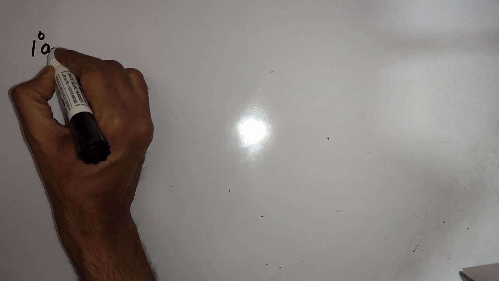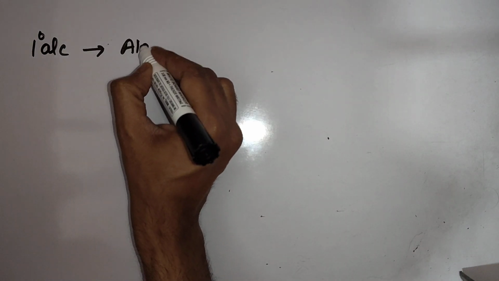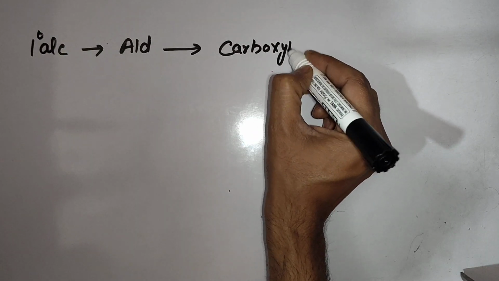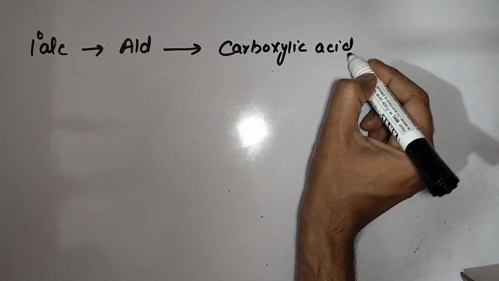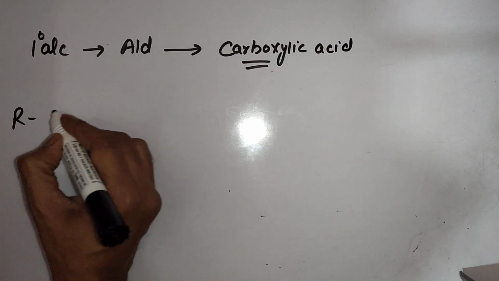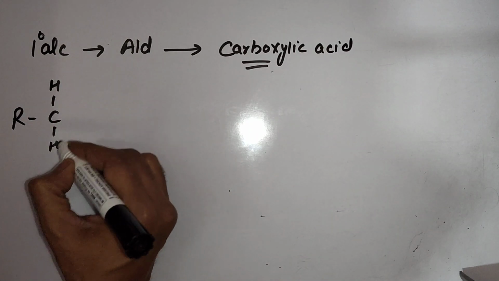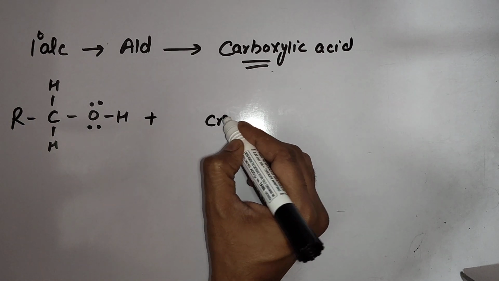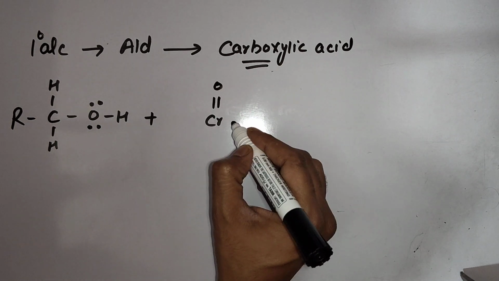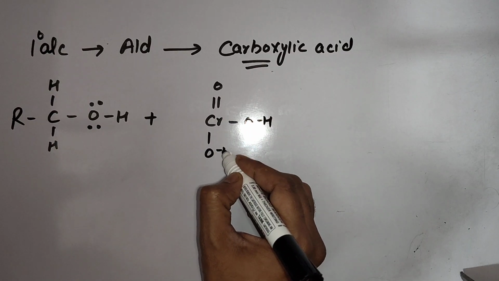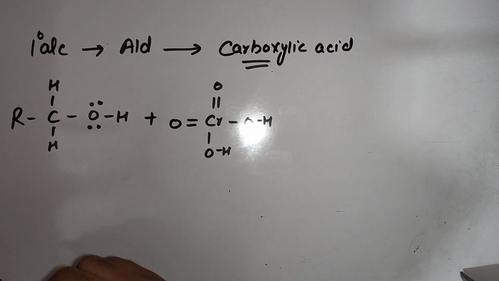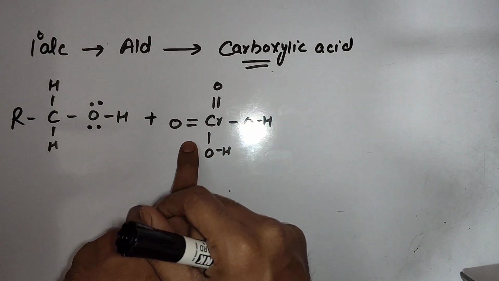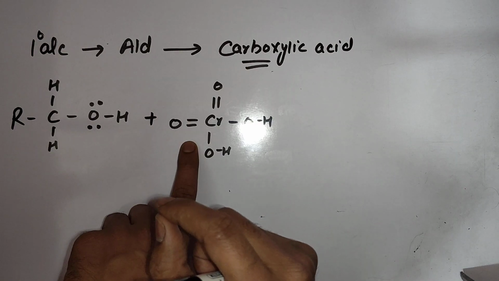It can oxidize 1 degree alcohol first to aldehyde and then to carboxylic acid. This is 1 degree alcohol, general formula. This is chromic acid. I think we have done this mechanism earlier also. Yes. Where?